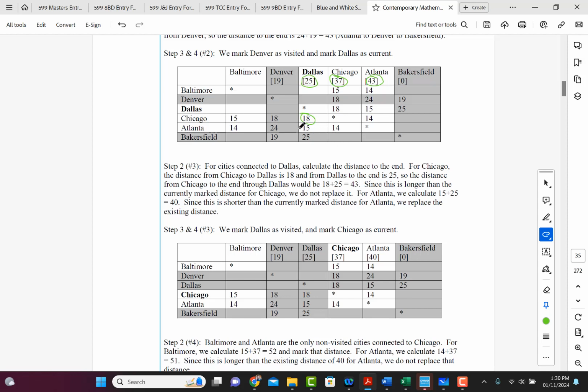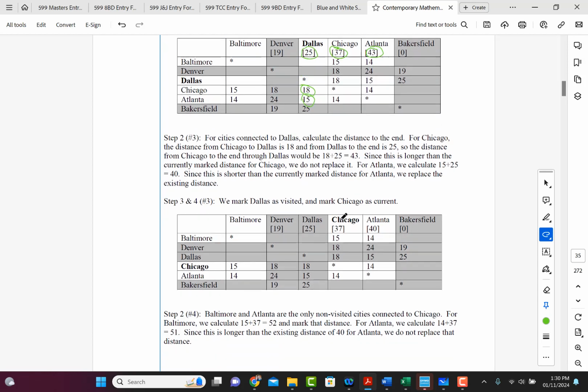Now we do the same thing for Atlanta. If we add the distance for Atlanta, which is 15, to 25, we get 40. Since 40 is shorter than 43, we're going to replace it.